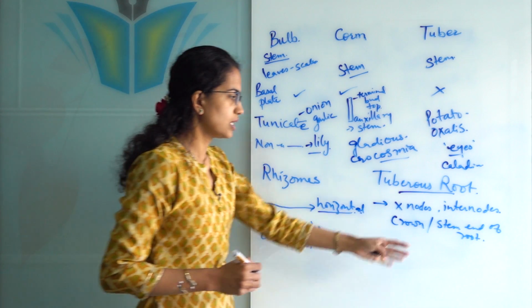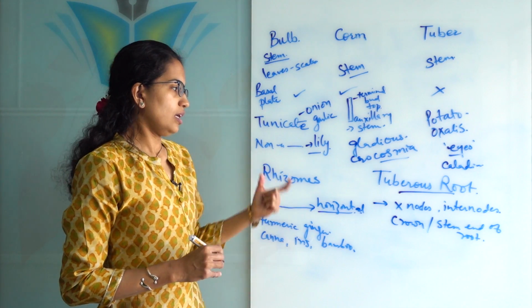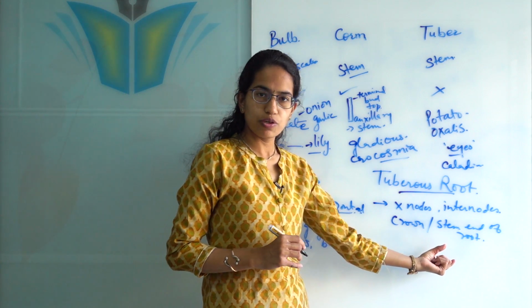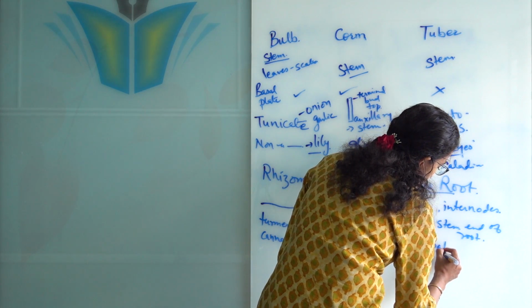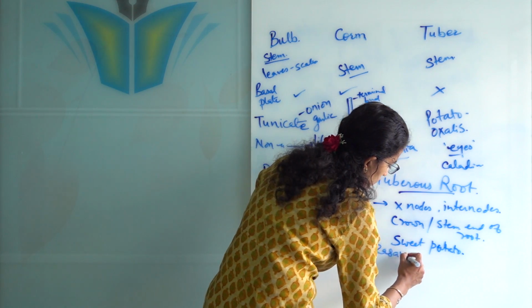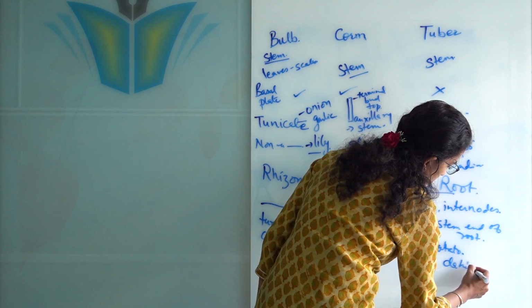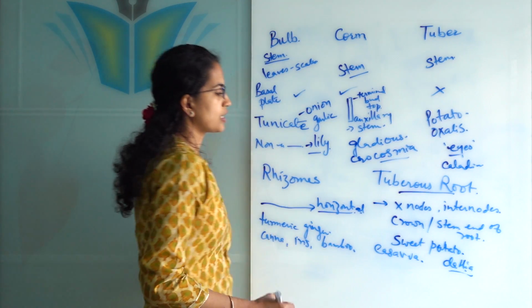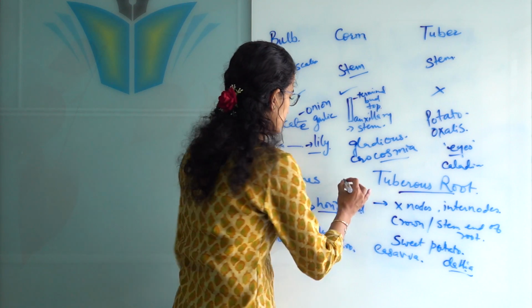What would be the examples of tuberous roots? A good example in this case would be sweet potato. Similar to sweet potato, we have another species, cassava. Another example would be dahlia. So dahlia, sweet potato, and cassava are good examples of tuberous roots.